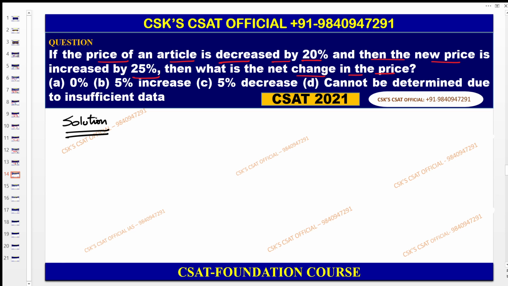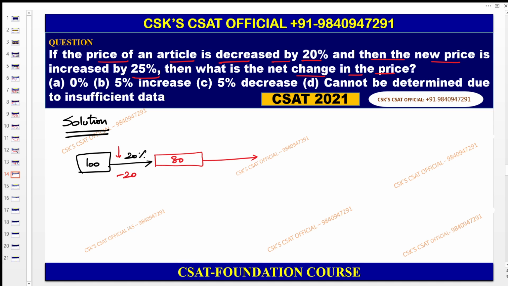Now if the price of the article decreases, first of all you take it as 100%. Or else you take the value as 100, not an issue. It decreases, so minus 20. Then it becomes 80.